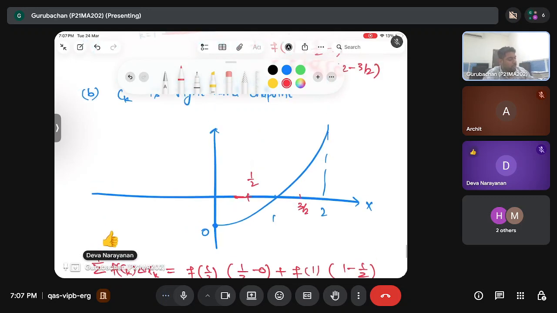Now tell me, in 0 to half, what is the value? This one. So when you draw the rectangle, it will be like this. In the same way, when you take half to 1, what is the right hand point? 1. And at 1, the function gives you value 0.